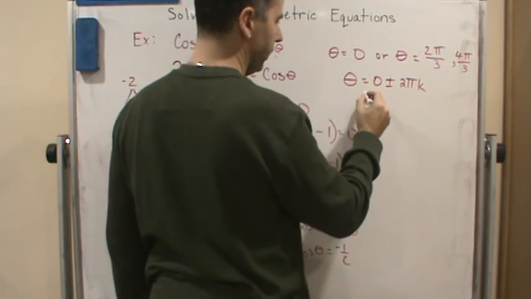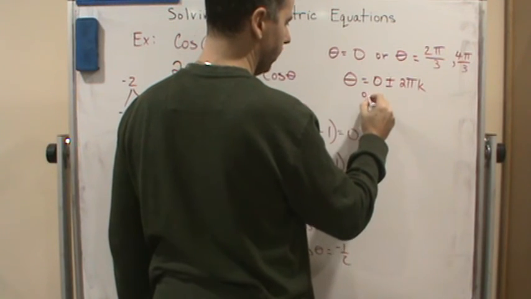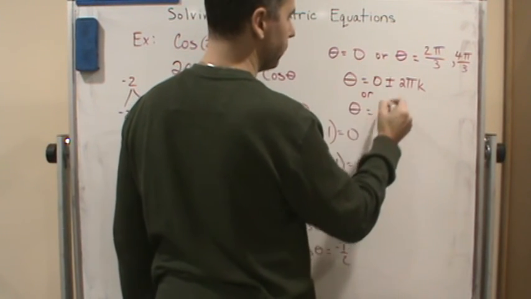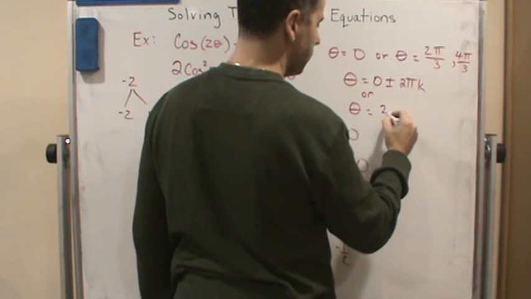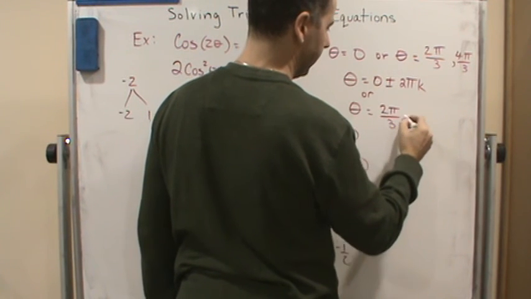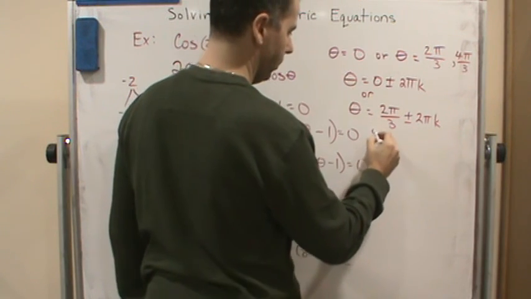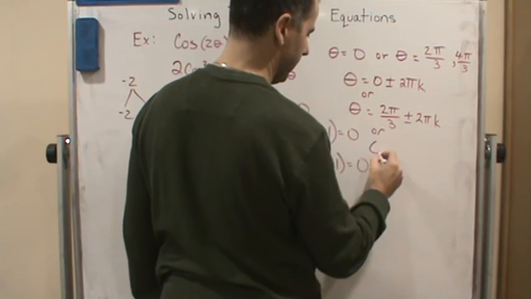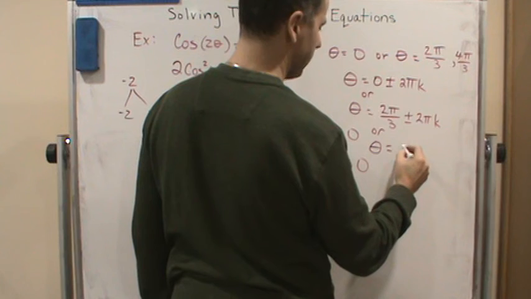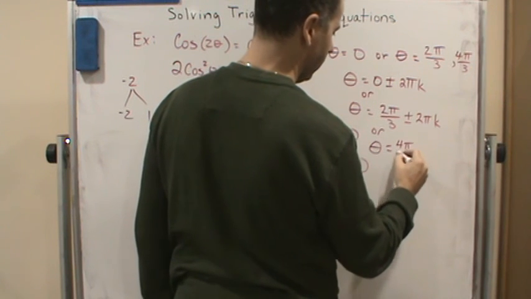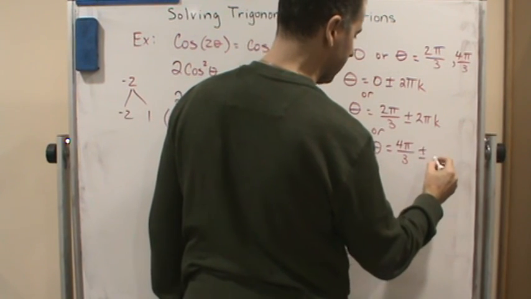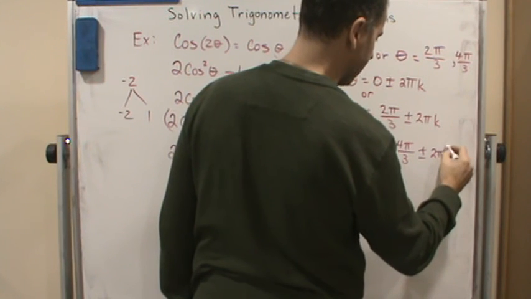And the other one is theta is equal to 2 pi over 3 plus or minus 2 pi times k. Or the third one is theta is equal to 4 pi over 3 plus or minus 2 pi times k.